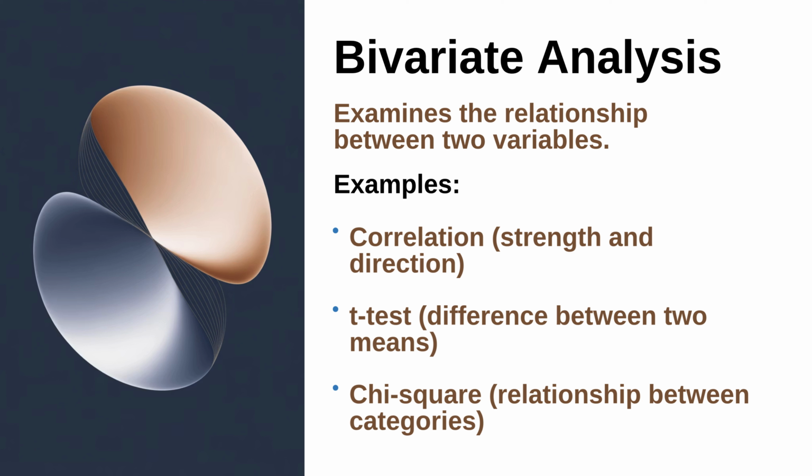And we have the t-tests, which determine the difference between two means. And the chi-square, which checks relationships between categories, such as gender and vaccination status. These tools help us researchers identify meaningful connections that may guide our nursing practice.